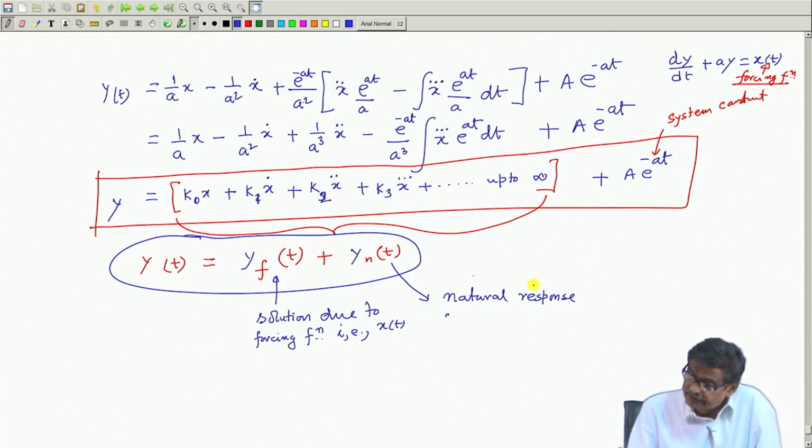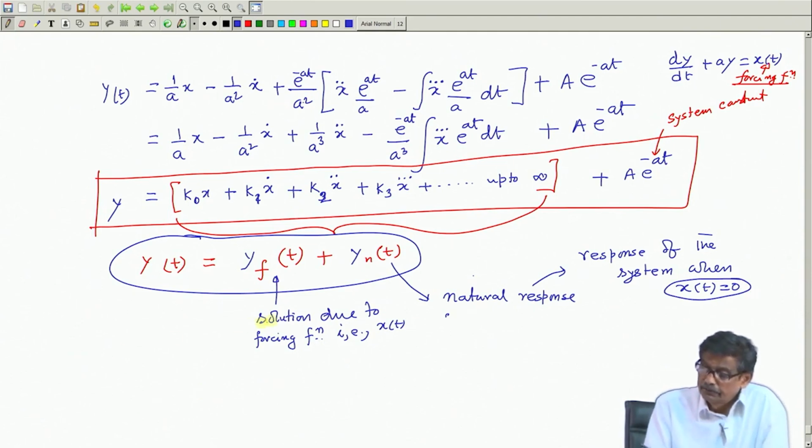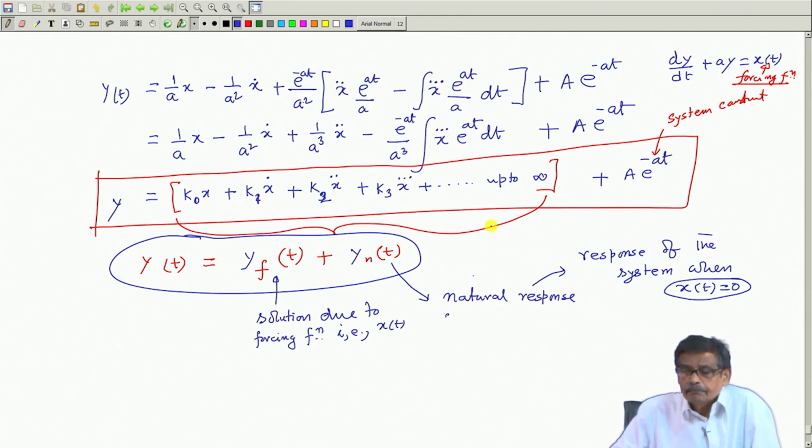So, what is natural response? It is the response of the system when x t is equal to 0. Put x as 0, all are zeros, a to the power minus a t, is not.